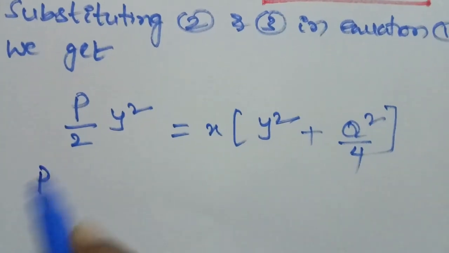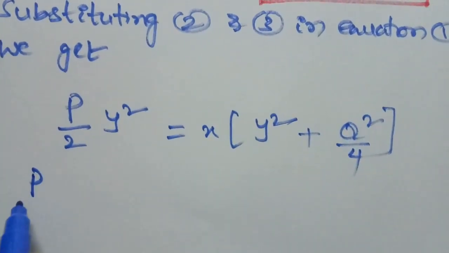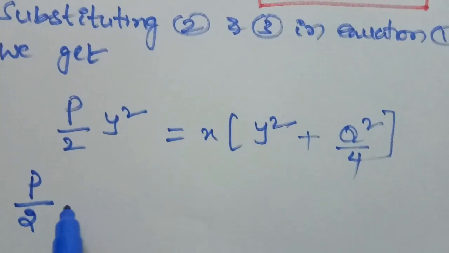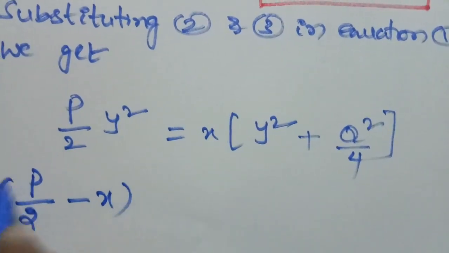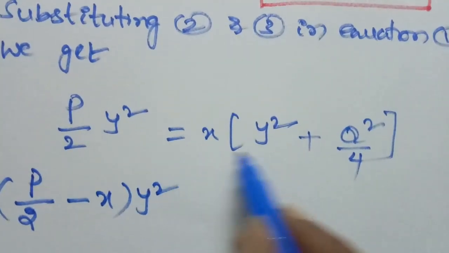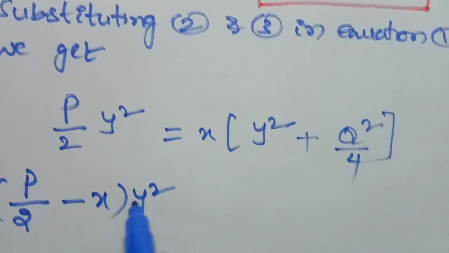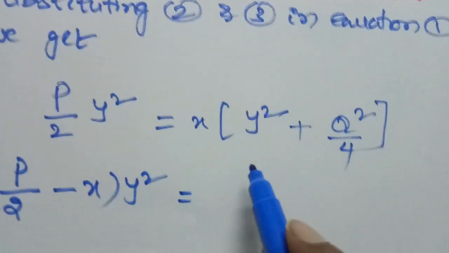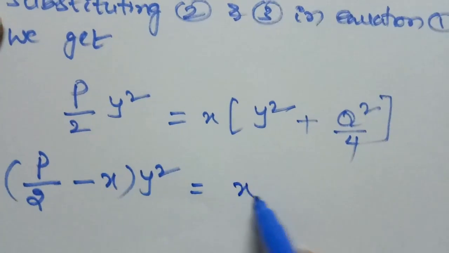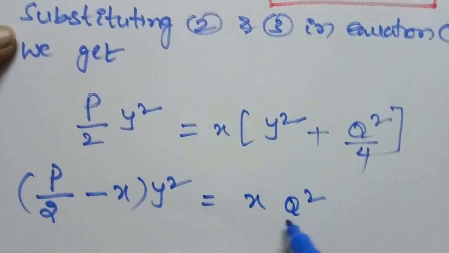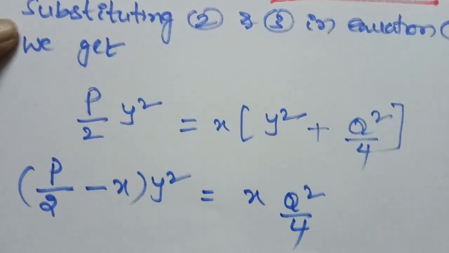Therefore, this can be written as P by 2 minus x into y square, we are writing x y square on the left hand side and taking y square as a common factor, is equal to x into Q square by 4.